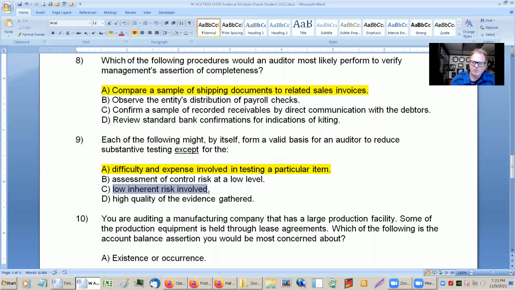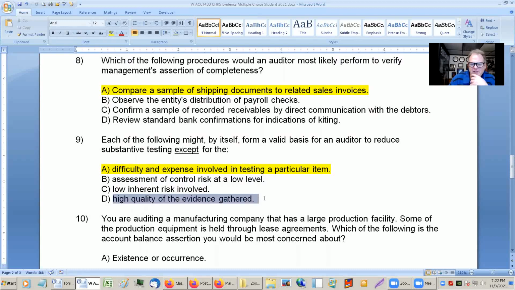Low inherent risk would be, for instance, petty cash. How much could it be off by, right? It's petty cash, there's a couple hundred dollars in there or something. So the low inherent risk might say, okay, we're not going to test that because even if the whole thing is messed up, it doesn't really matter too much.